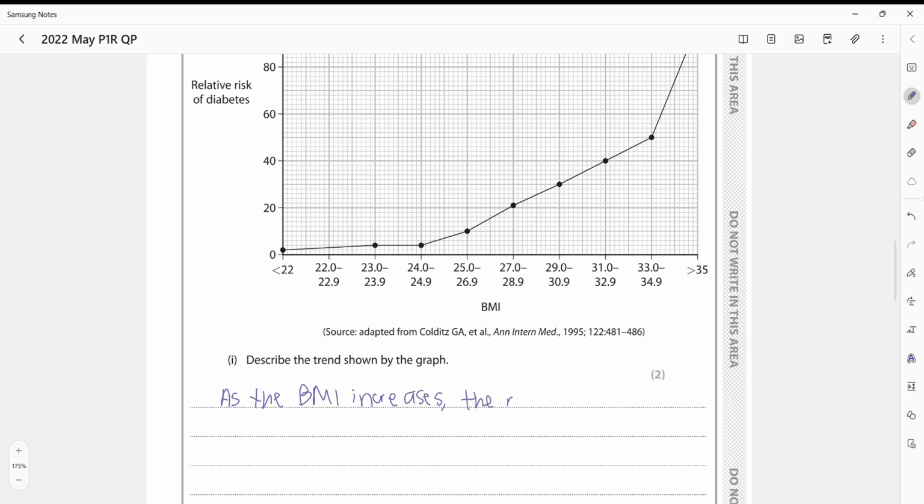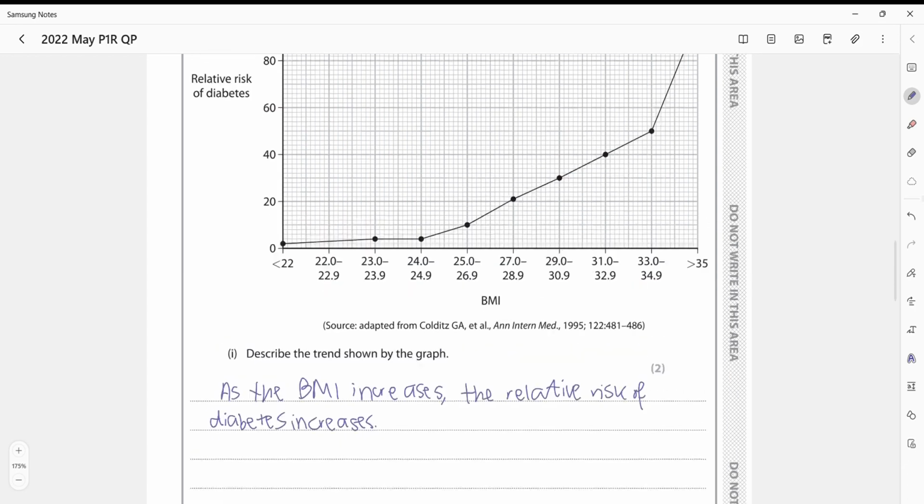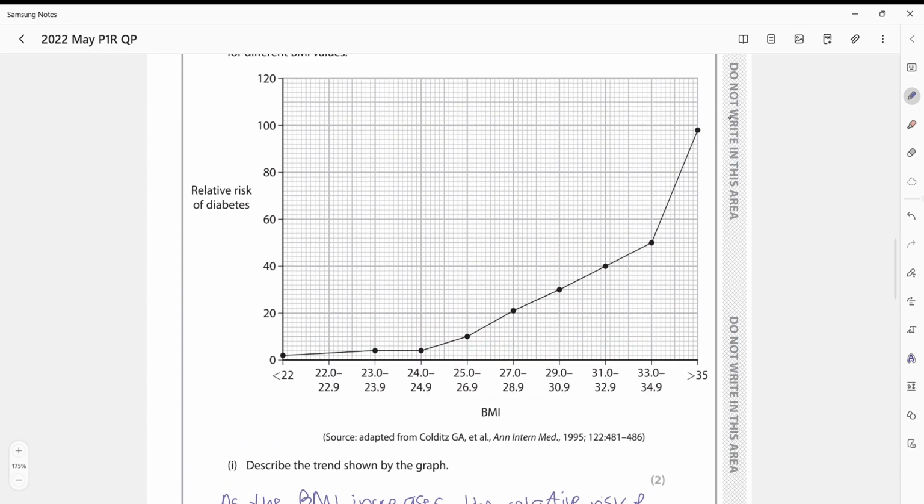So as the BMI increases, the relative risk of diabetes increases. Another thing as well is that in the lower BMIs, it's not really increasing as much, but after BMI of 24, that's when it starts to increase pretty rapidly.